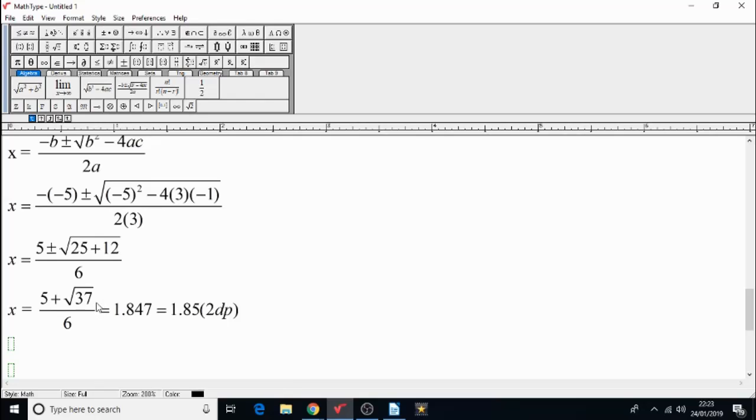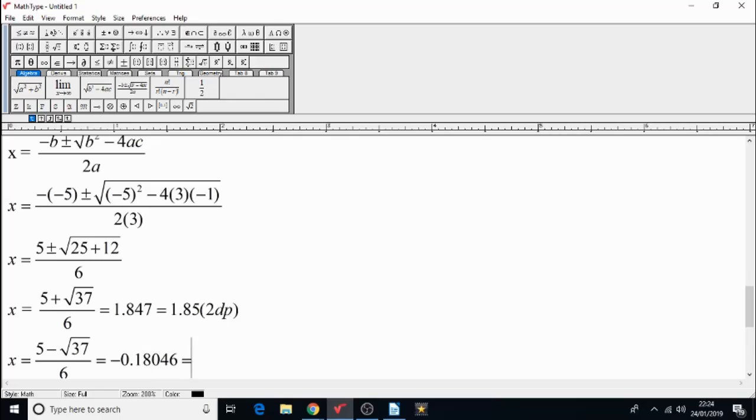Now we're going to find out when x is equal to 5 minus the square root of 57 divided by 6, and what that equals. That is equal to minus 0.18046.